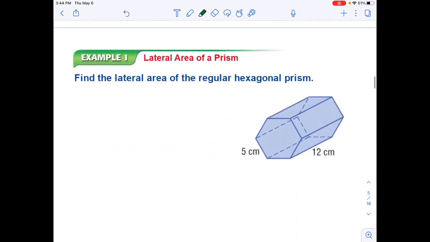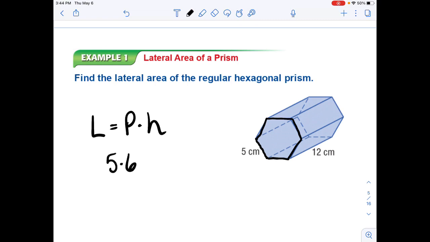So find the lateral area of the regular hexagonal prism. So we have to find the perimeter of the base times the height. So 5, and there are 6 sides since it's a hexagonal prism. So 5 times 6 will give us our perimeter, which is 30.